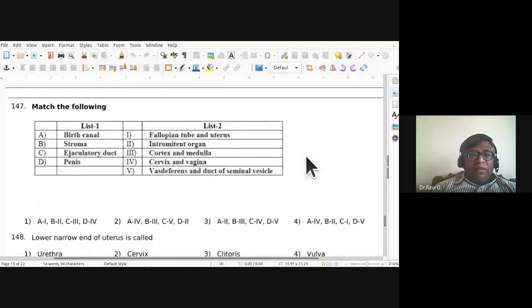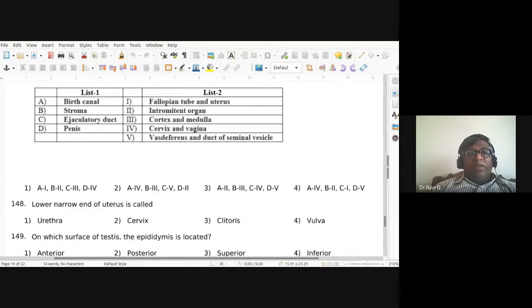147th. We have to match the following. Birth canal is between the cervix and vagina. Stroma is between cortex and medulla. Ejaculatory duct has vas deferens and duct of seminal vesicle.